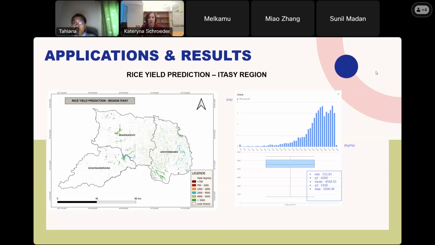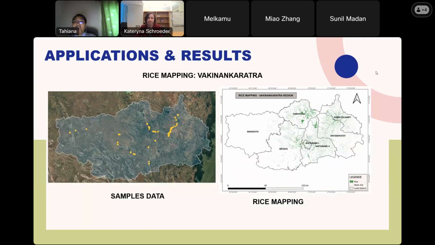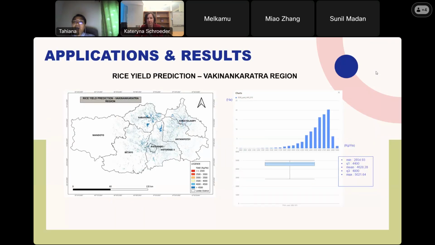And it's like that also for Vakinankaratra. Vakinankaratra is also a rice region, and we did this yield prediction also, and we compared the CropWatch result with the real result. They are about the same, so we can use rice yield prediction with the CropWatch platform.